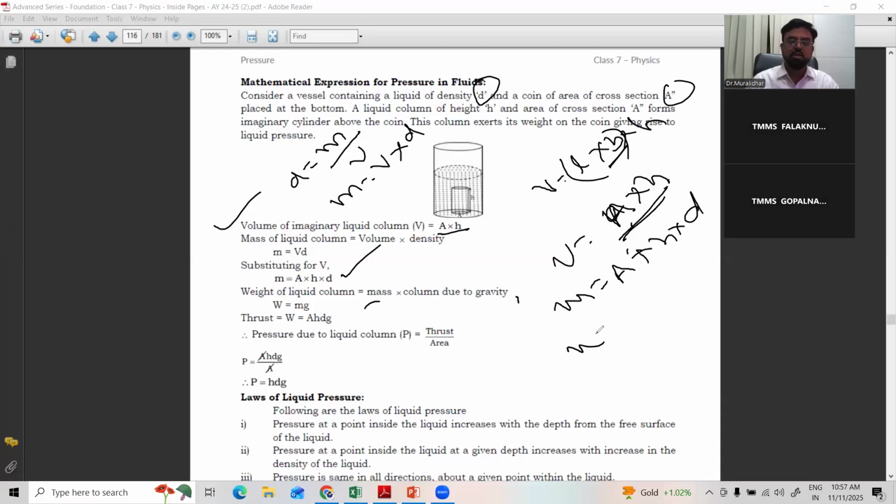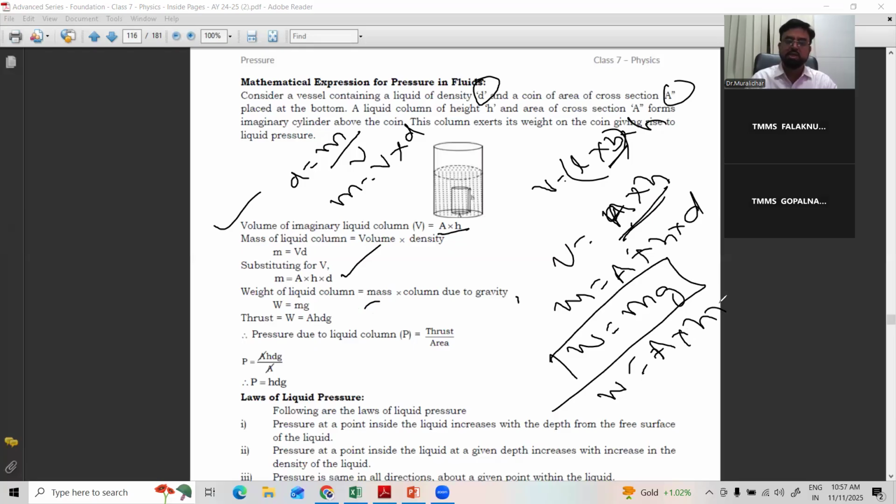So weight W is M into G. In place of mass, you can write A into H into D into G. So A into H into D into G is the weight of the liquid column.